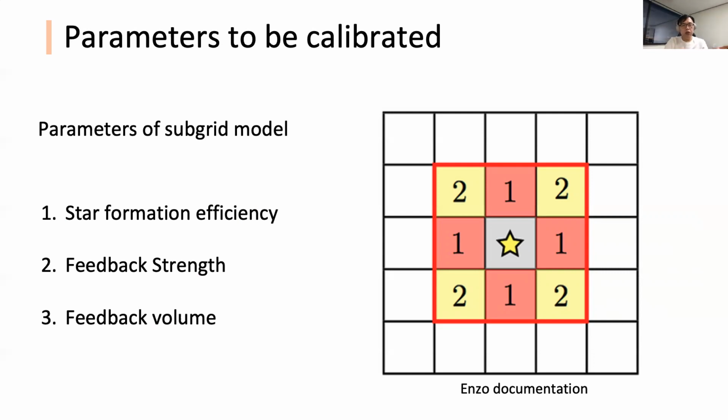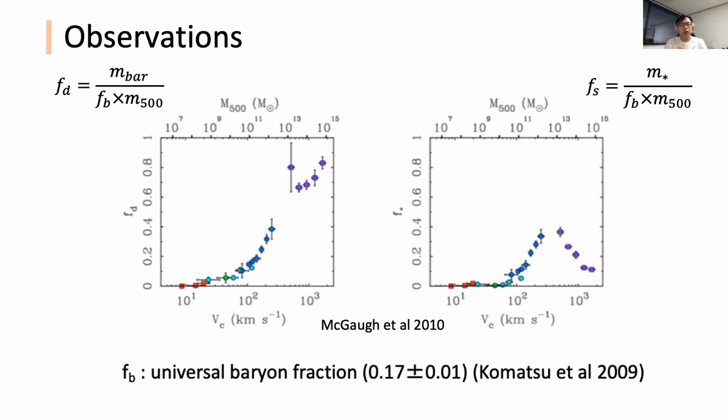They use these three parameters in order to calibrate the baryonic makeup of the halo at redshift 0 using the FD and FS. FD is basically the ratio of the baryon mass to the universal baryon fraction multiplied by the M500, which is the mass contained within a radius of 500 times the critical density.